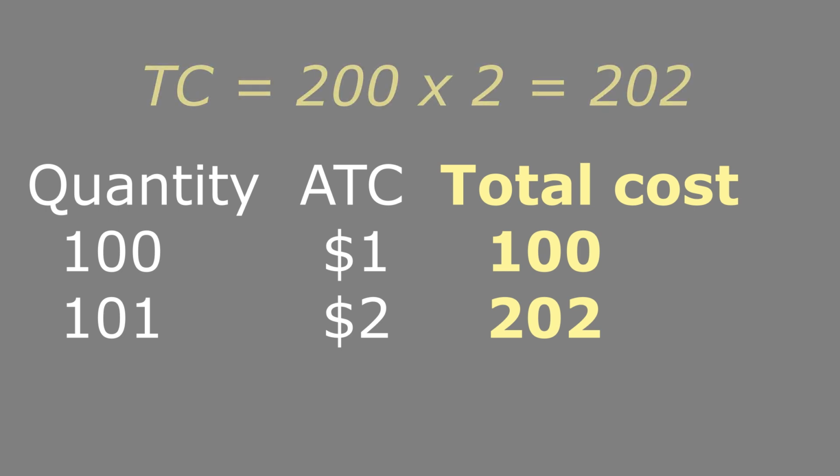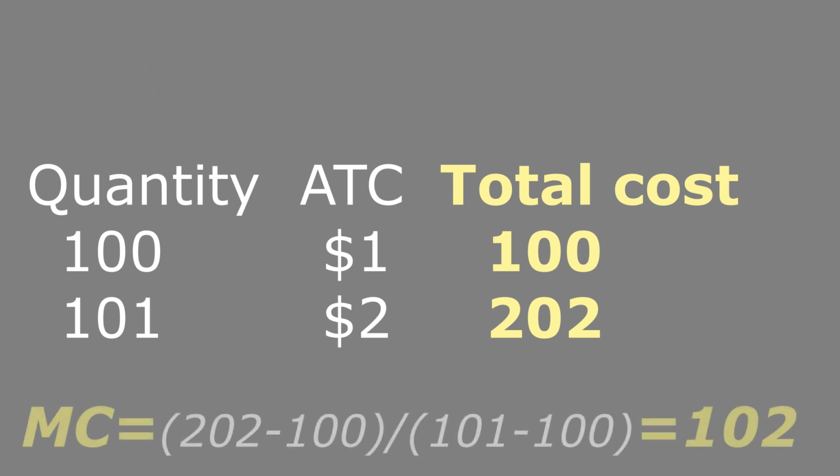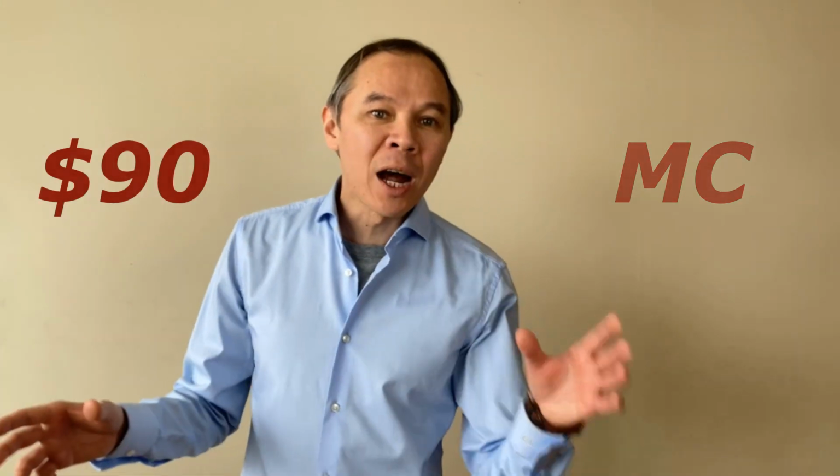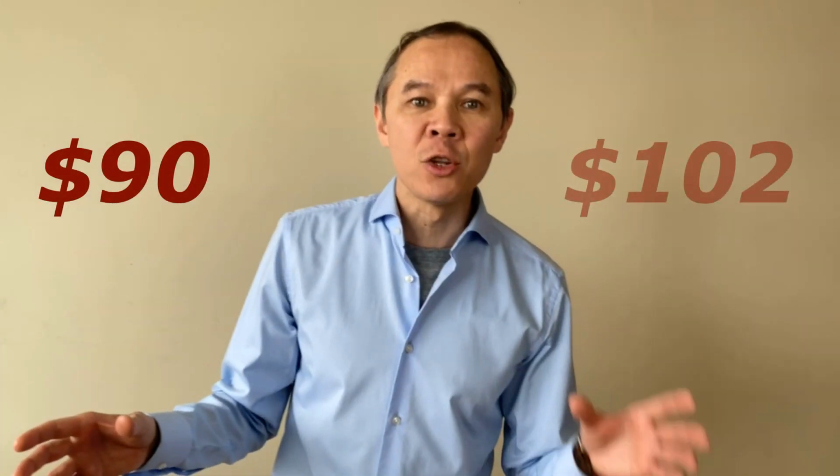And knowing total costs, we can calculate the marginal cost. The marginal cost will be a difference in total cost over a difference in quantity, which is 102. And now we can compare the price and the marginal cost. The price is $90 and the marginal cost is 102.